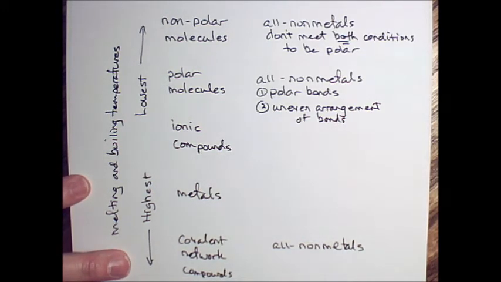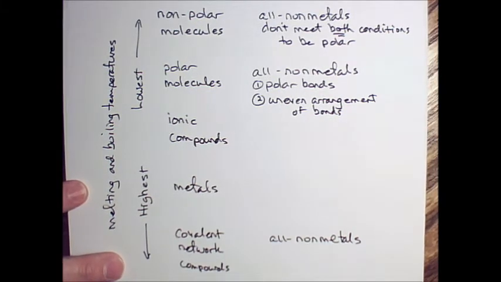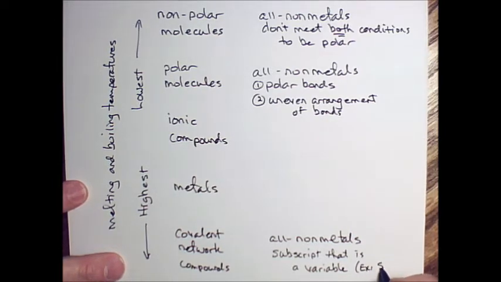And when you look at the formula, the way that we're going to be able to tell when you have a covalent network compound is that you have a variable subscript, usually an X. So we have a subscript that is a variable. An example, SiO2 followed by a subscript X. Okay?